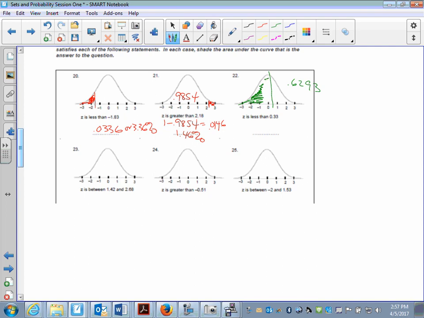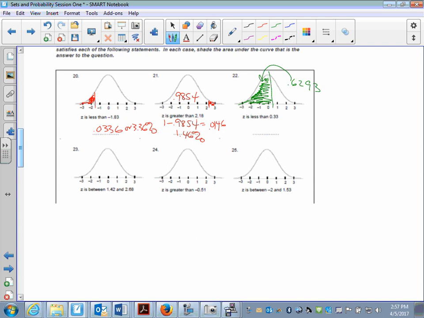So this is making more sense because we're to the right of the mean, so the area to the left of our line should be greater than 0.5, which it is. Okay. All right, 23. Z is between 1.42 and 2.68.